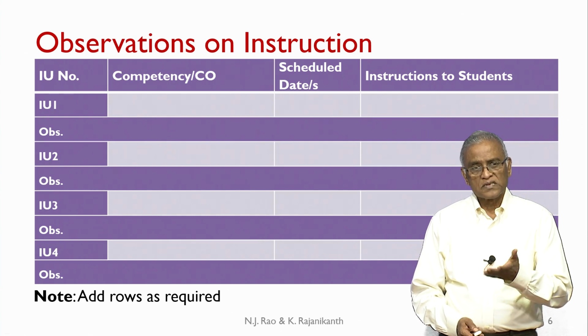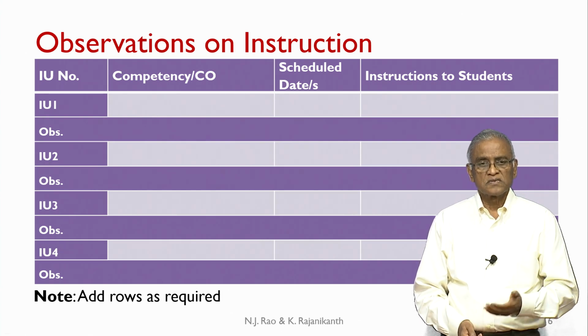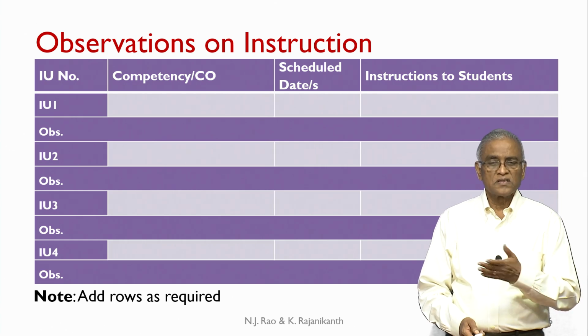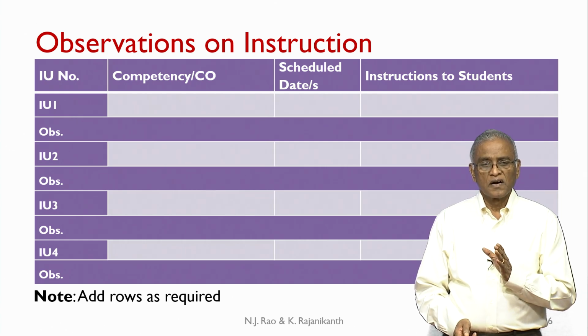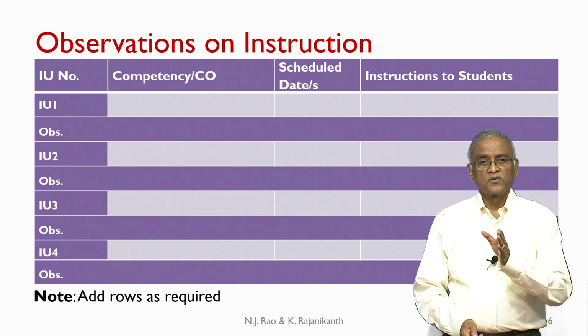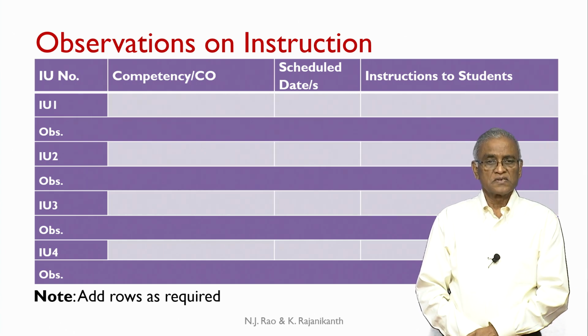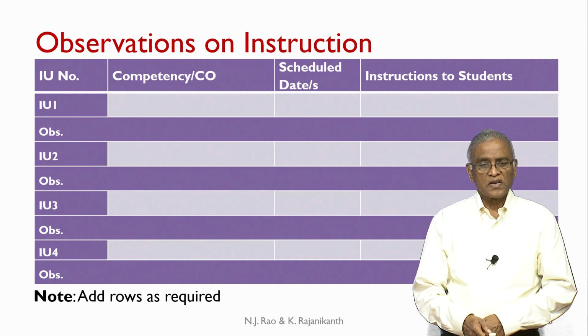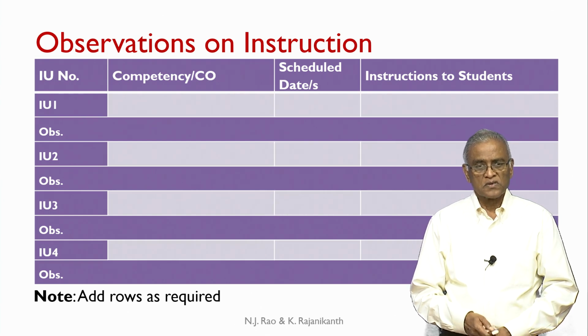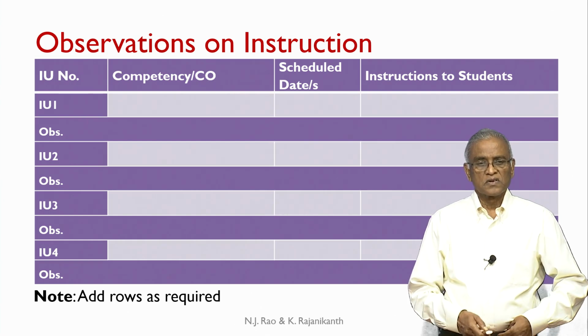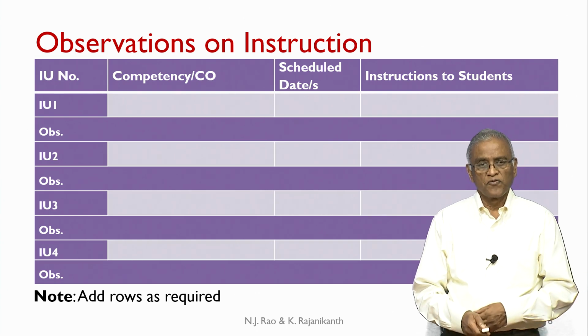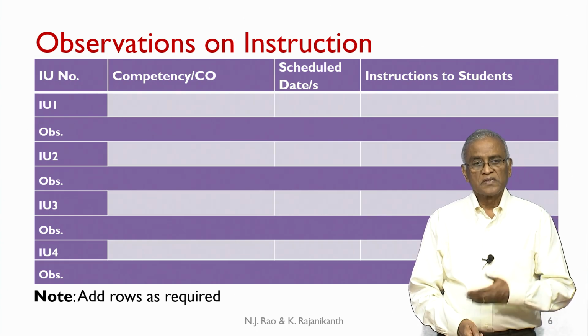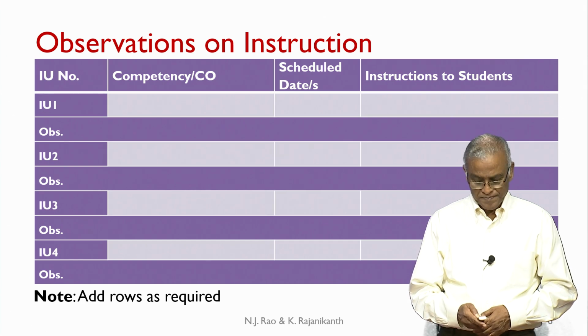In this row you can write two sentences, three sentences, or anything you would like when your memory is fresh. Then you can keep adding rows as required, because it is unlikely that your number of instructional units will only be 4. So this template can be extended.